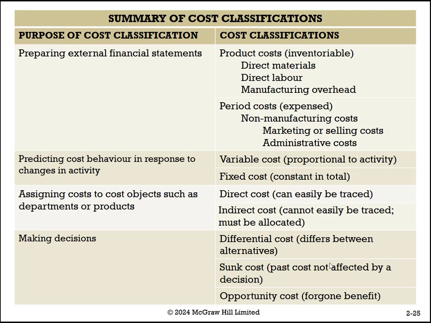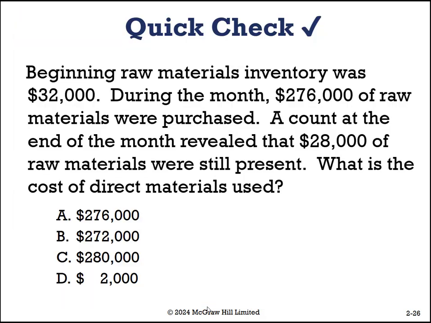So we have some items that we'll be using previous knowledge, our building blocks, in order to allocate those. Then in the last learning objective of this chapter, we'll talk about how to use all this information in making decisions. Okay, but now it's time for some checks.